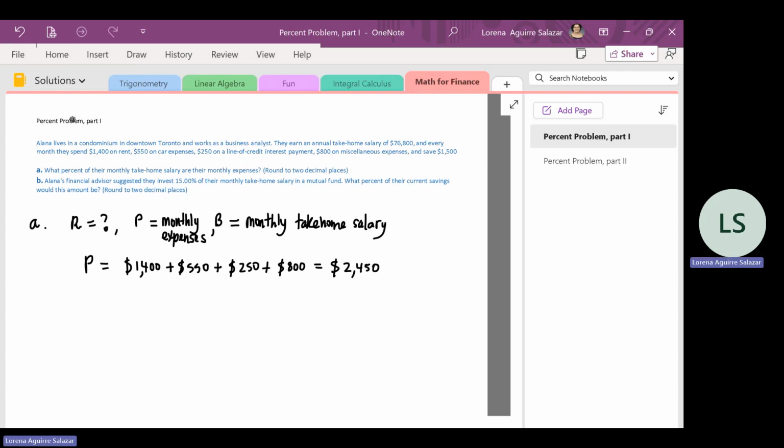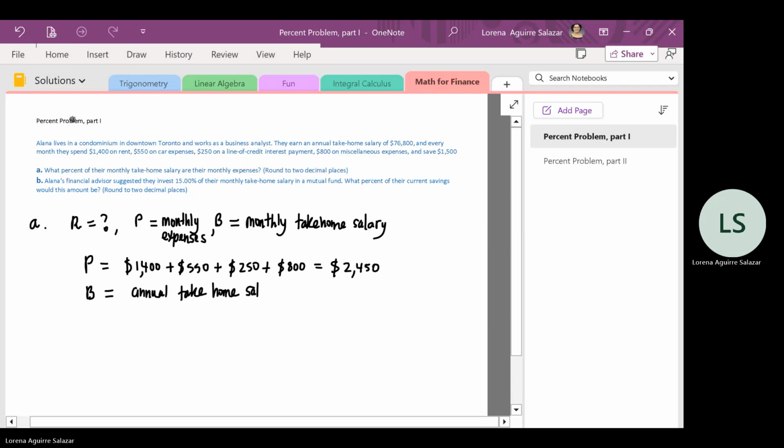Now, on the other hand, the base, that is the monthly take-home salary, comes from taking the annual take-home salary and dividing it by 12, because we have 12 months in a year.